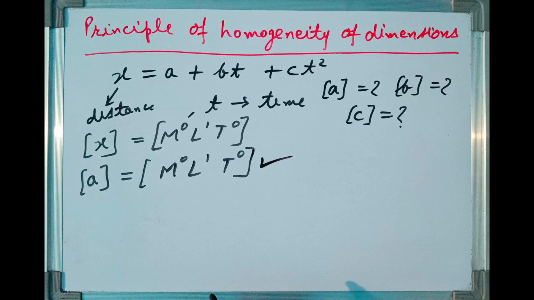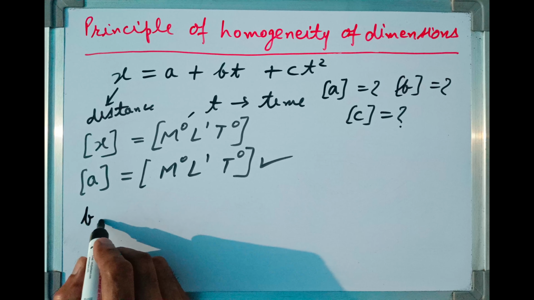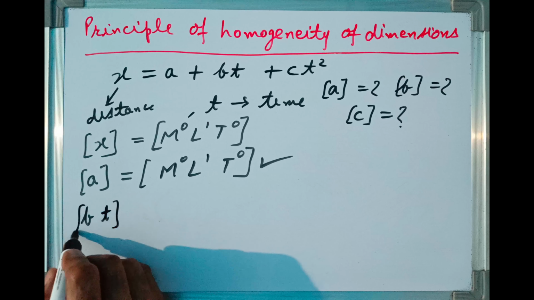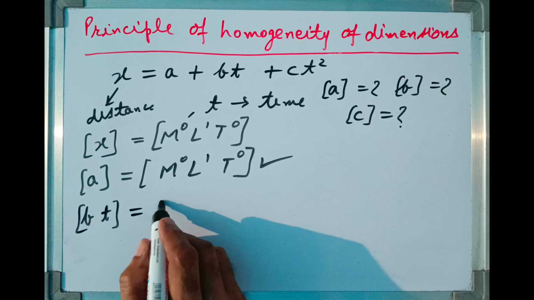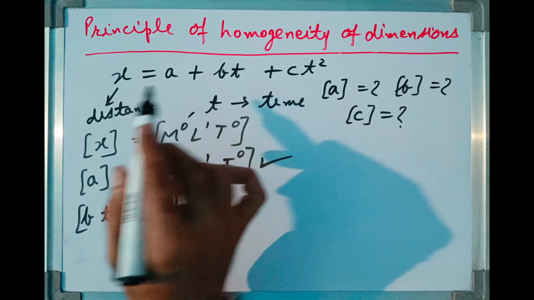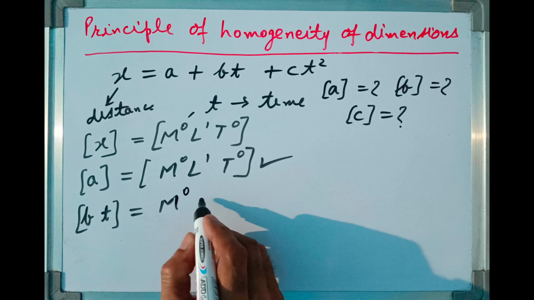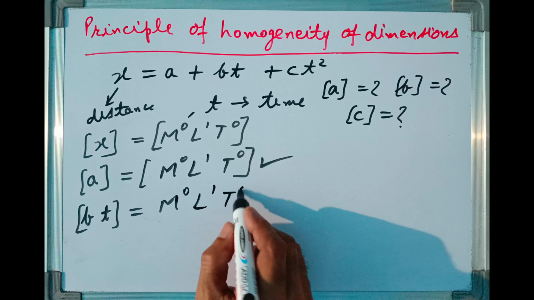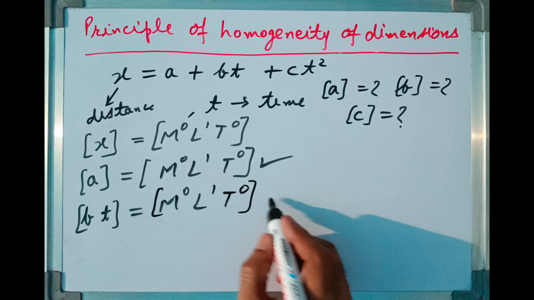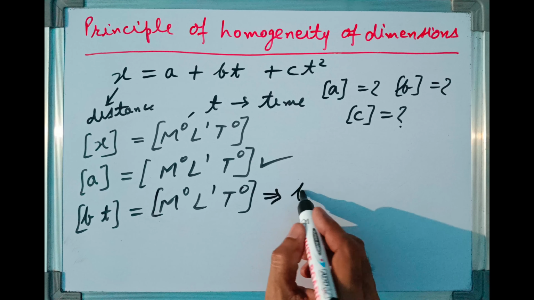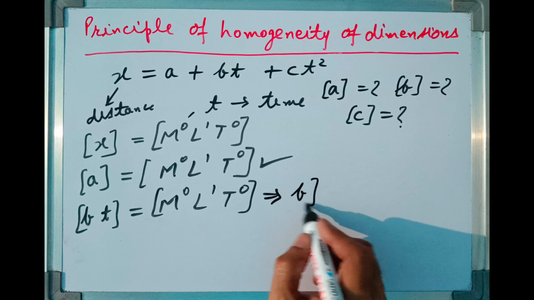Now we have to find the dimensional formula of b. For this purpose, I will write that the dimensional formula of bt must be the same as that of x, that is M0 L1 T0. So this will give us the dimensional formula of b multiplied with the dimensional formula of time.